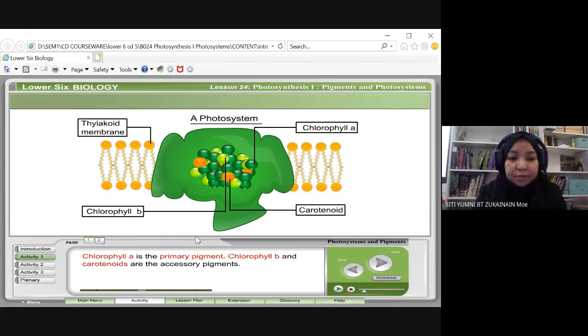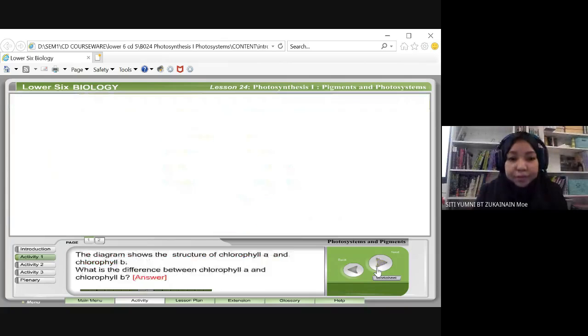Here is the explanation for the label, first chlorophyll A. Chlorophyll A is the primary pigment. Chlorophyll B and carotenoids are the accessory pigments. Remember that chlorophyll A is the primary pigment, and chlorophyll B and carotenoids are accessory pigments.